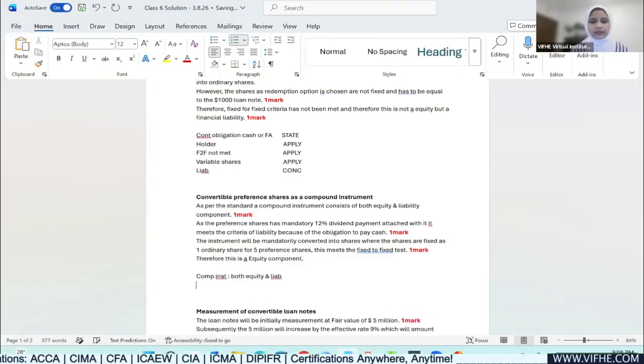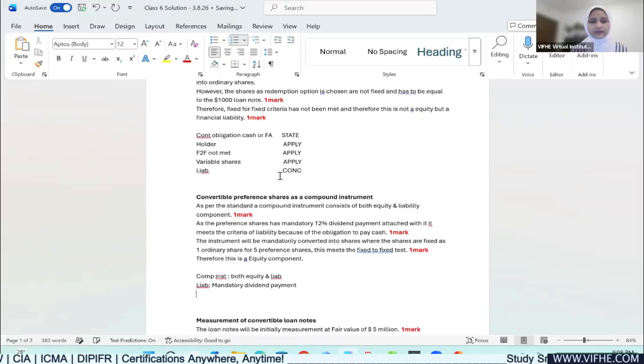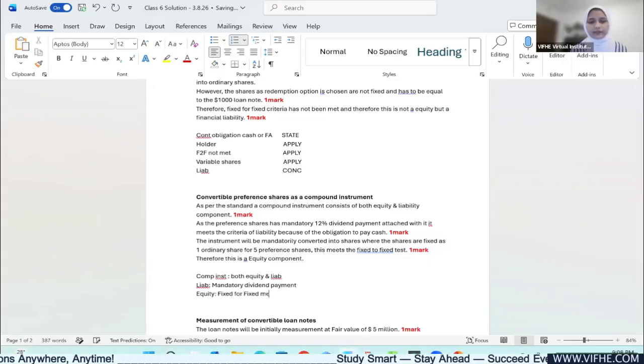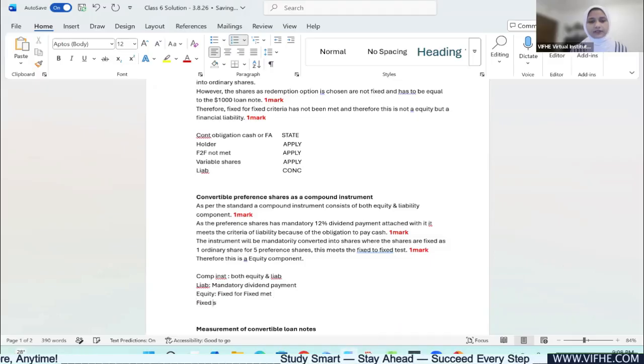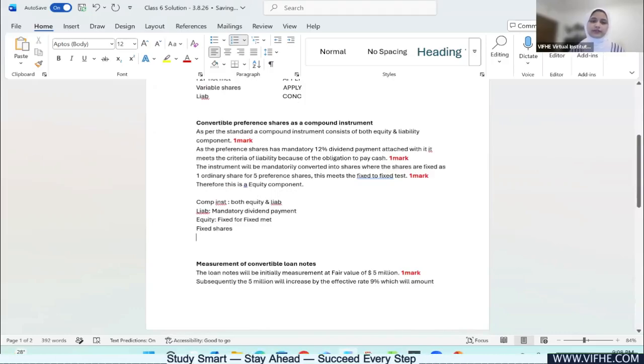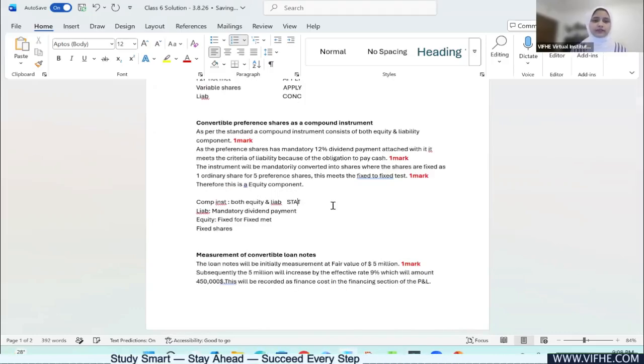So what was the liability side? The mandatory dividend payment. Equity was fixed for fixed ratios. But these were the points. What to write? State, apply, apply, apply.